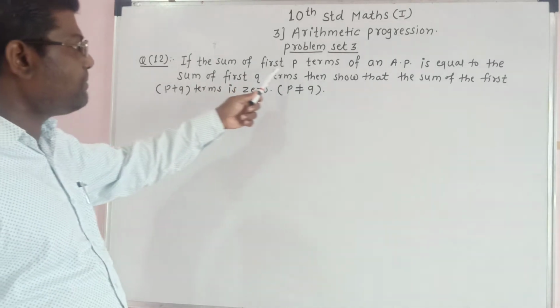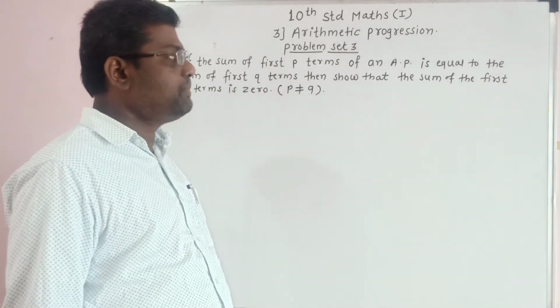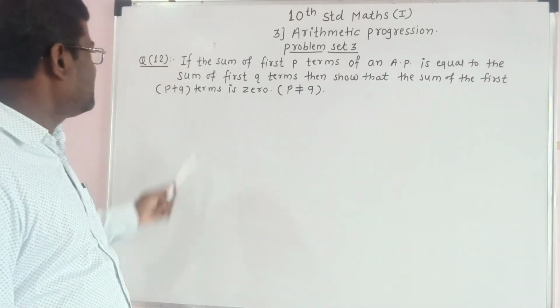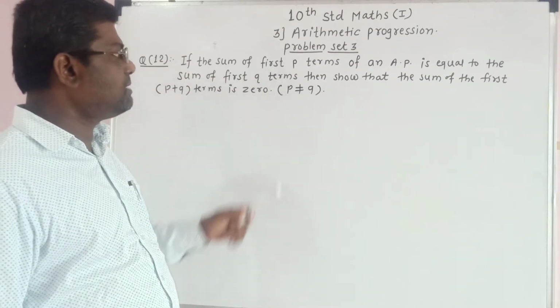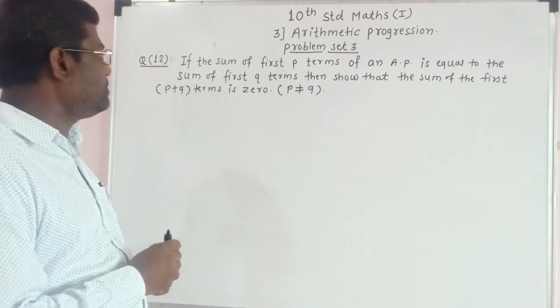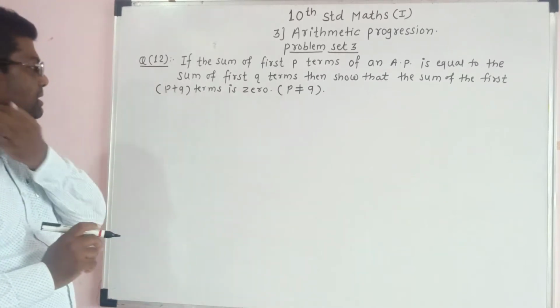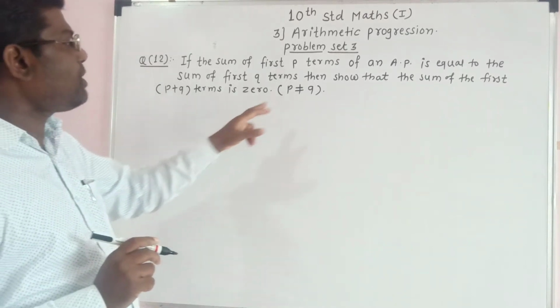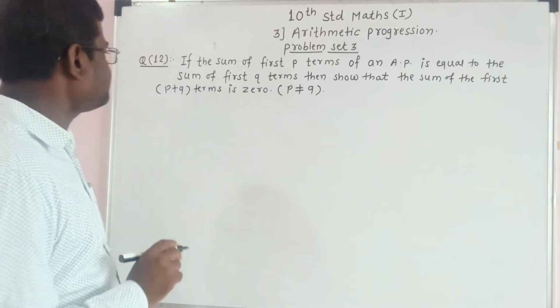If the sum of first p terms of an AP is equal to the sum of first q terms, then show that the sum of first p plus q terms is equal to 0. p not equal to q.